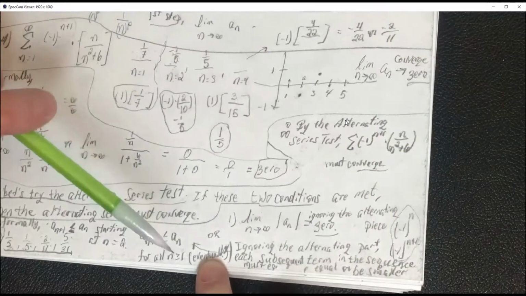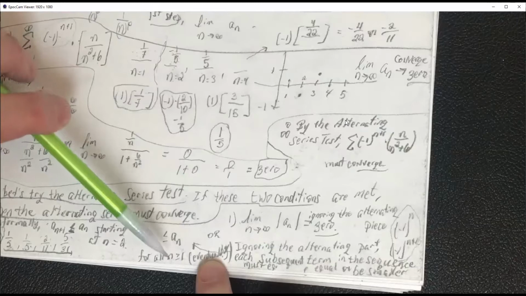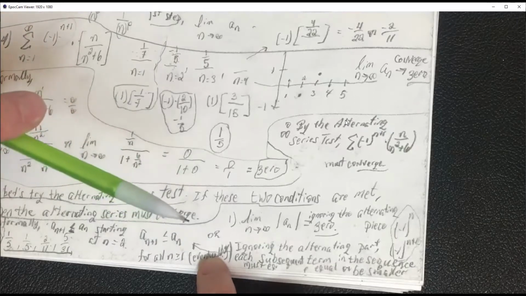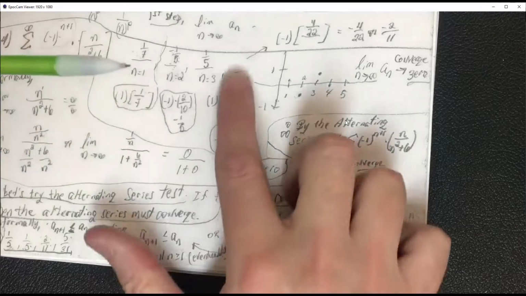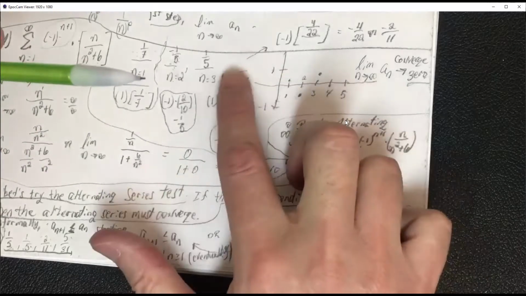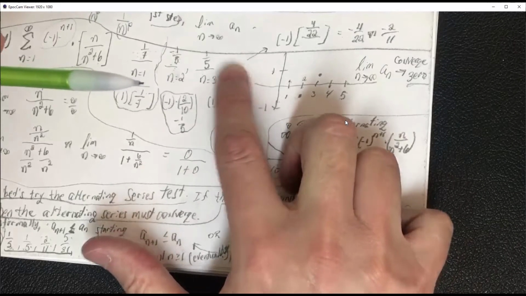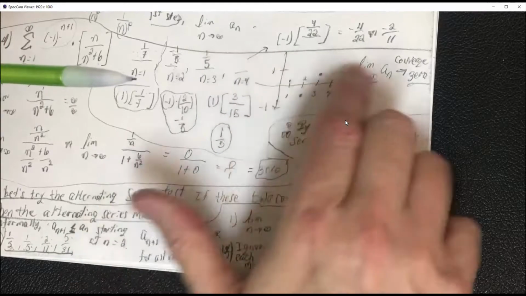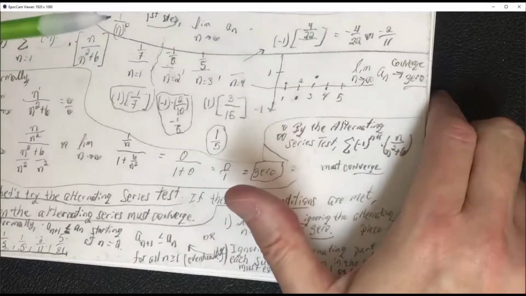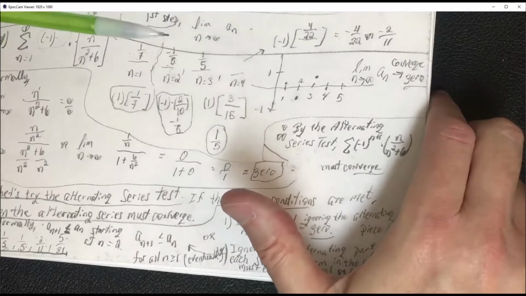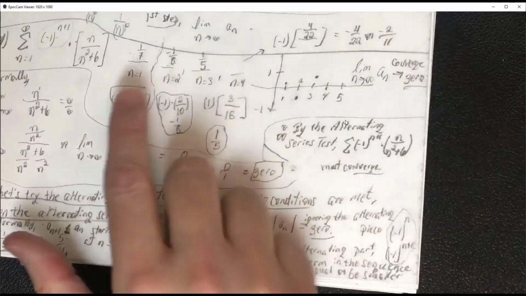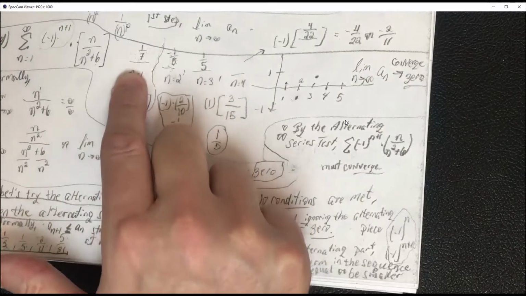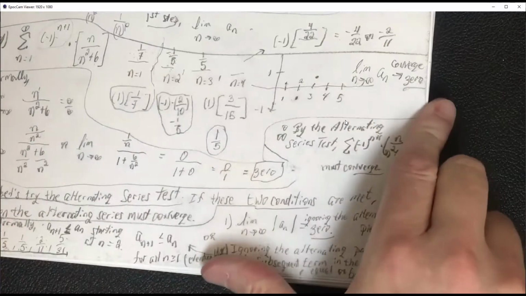If the second condition is true starting at the first term or the second term or the fifth term, as long as eventually each next term will either be equal to the one before it or smaller, no matter where it begins happening, as long as it happens, then the entire sum starting with n equals 1 will converge.